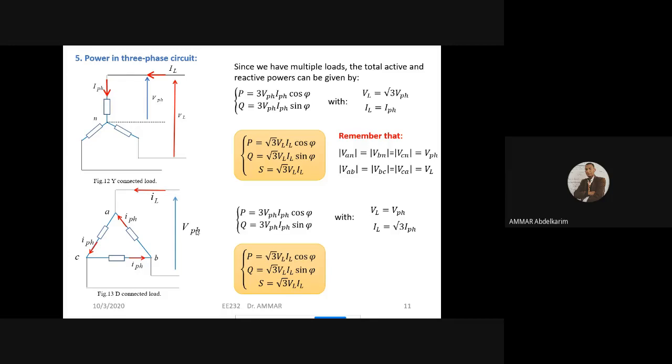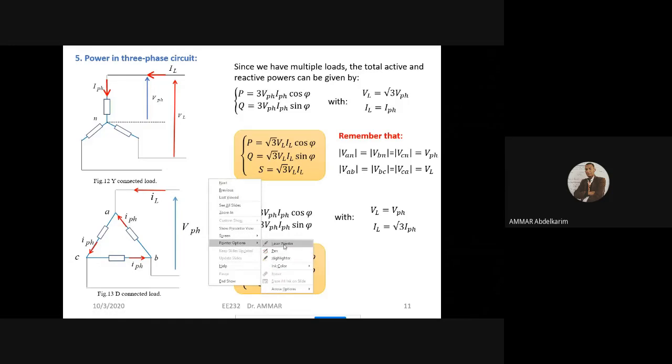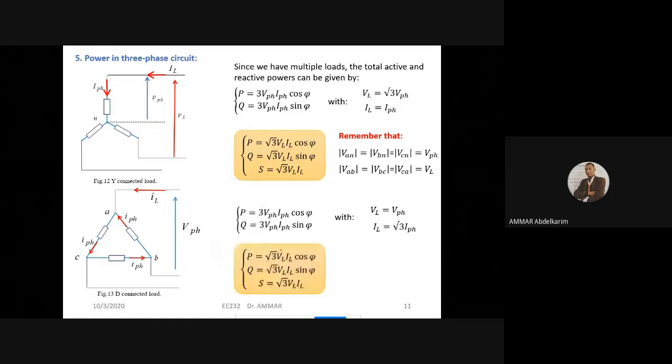So here, starting with the Y connection system, we have the phase voltage, the line voltage, and the line current, which is the same as the phase current.